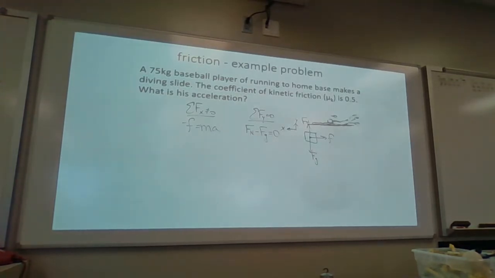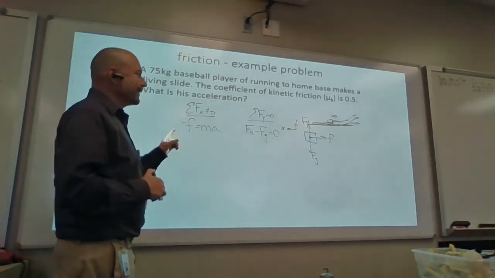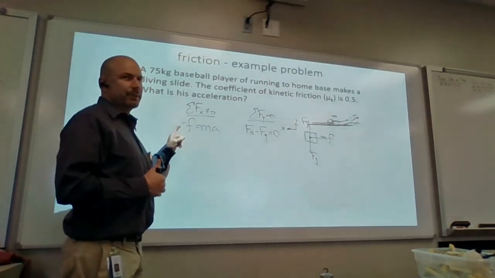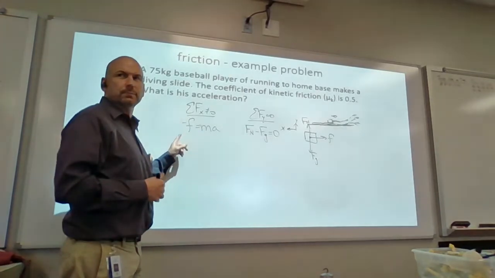How do we do? It's not illegal to make the other way positive, but it just gets really sticky mathematically.